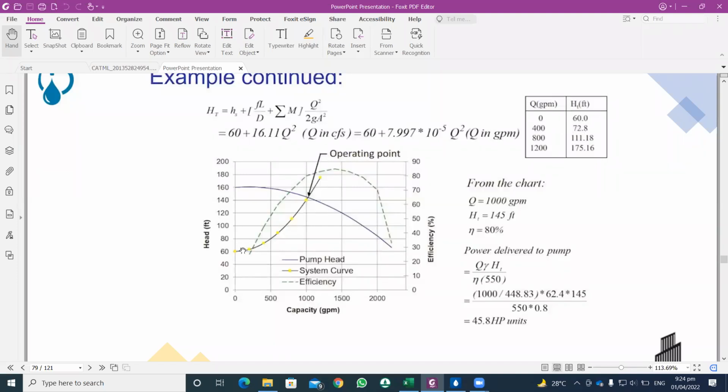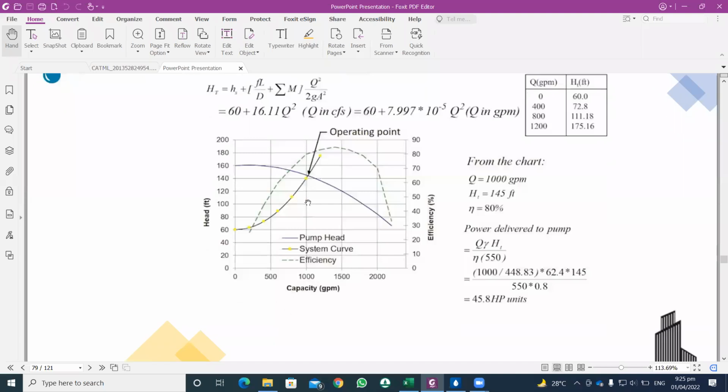By getting a system curve, we can find the operating point, where the system curve and pump curve cross each other at a point. So the point at which the pump curve and system head curve pass each other is called an operating point.